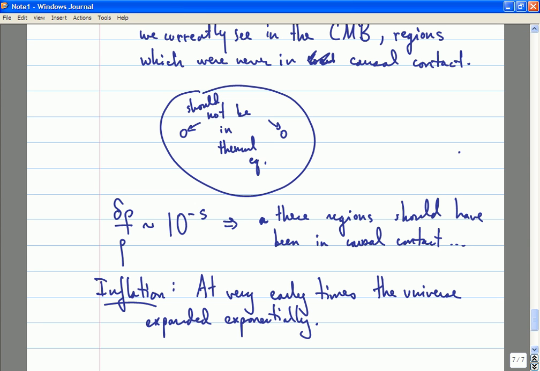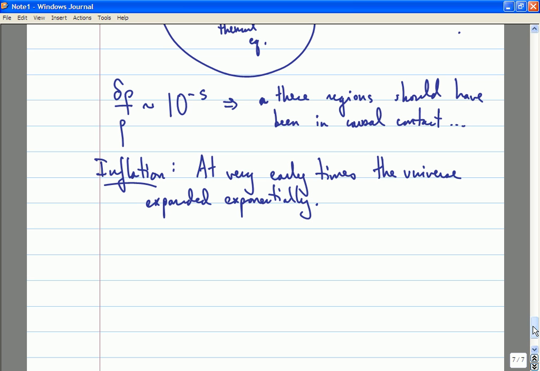And in order to explain the current values of the cosmic microwave background, in fact, this exponential phase of expansion must have been an exponential phase that corresponded to a volume of the universe that expanded by a factor of roughly e to the 60. Okay, 10 to the 30, something like that.